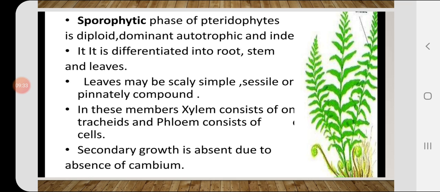In these members, xylem consists of only tracheids and phloem consists of only sieve cells. Secondary growth is absent due to the absence of cambium, so secondary growth will not be seen in pteridophytes.